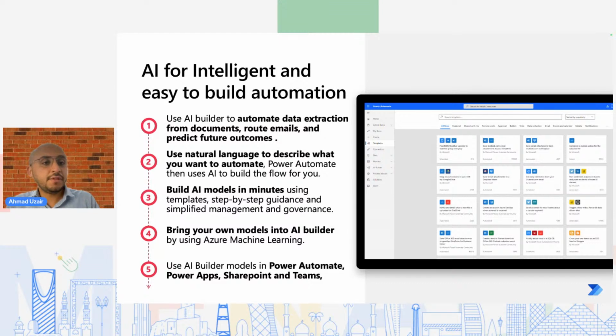With AI Builder, you can actually get it up and running within an hour. You put in the invoices, you mark the items, you mark the table, this is what you want to extract. It will train itself, it will take a few minutes, and then you're good to go.